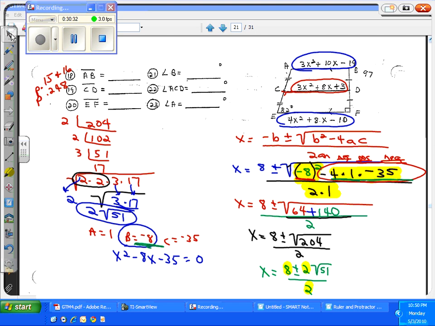So we can simplify that into x is equal to 4 plus or minus square root 51, because 2 goes into 8, 4, and 2 goes into 2 once. It had to divide into both evenly, or we couldn't have reduced like that. So we have x equal 4 plus or minus square root of 51, which means that x is either equal to 4 plus square root 51, or x is equal to 4 minus square root 51, one of the two.